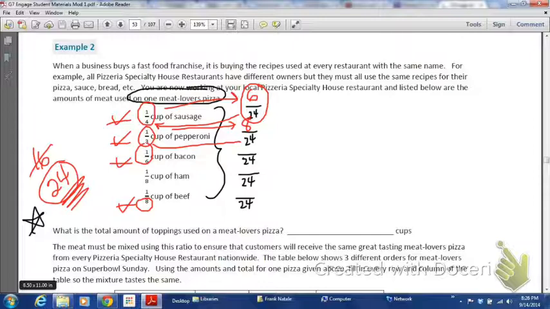A 1/6 is going to yield me 4 24ths. 24 divided by 6 is 4 times 1 is 4. 1/8 is going to be 3 24ths. Again, same deal. 24 divided by 8 equals 3. 3 times 1 equals 3. And the same here, it's the same number, same eighth, 1/8.